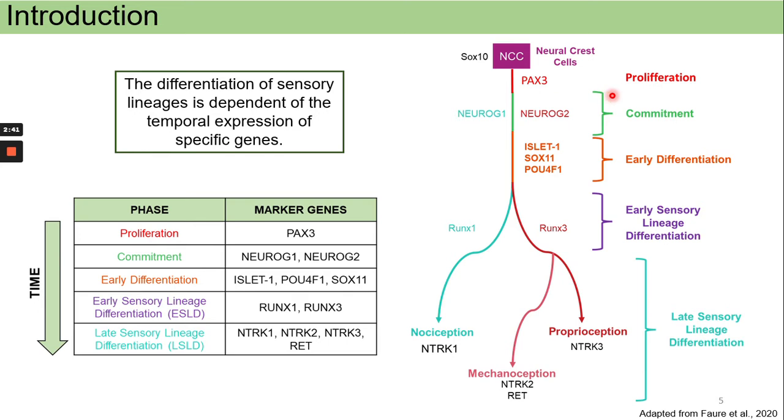Here we can see the phase of proliferation marked by the expression of PAX3, the phase of commitment marked by expression of NeuroG1 and NeuroG2, the early differentiation marked by the expression of Islet1, POU4F1, and the early and late sensory lineage differentiation that will be marked by the expression of specific sensory lineage markers. So due to that, in each specific phase of this differentiation, we will have different marker genes.